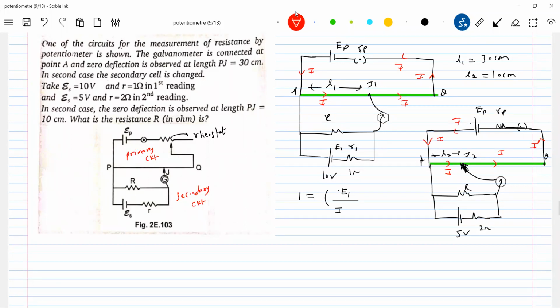Take it like this. So what is the current through the galvanometer? 0. Here also 0. But there will be a flow of current, some current I flows here. Got this idea?